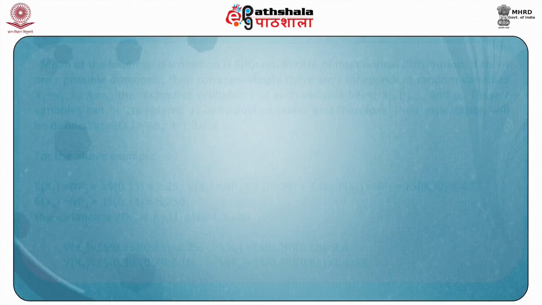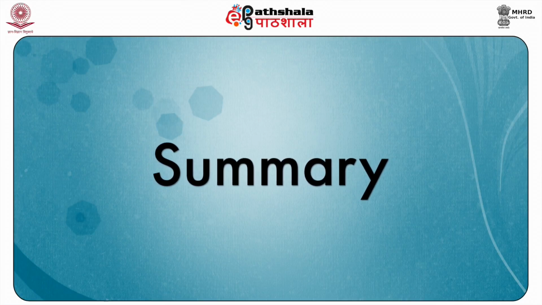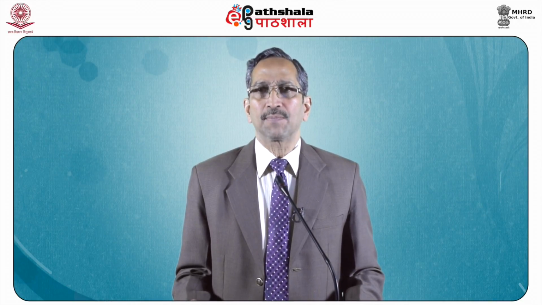3.4125. So let us, students, after this long session, try to summarize what we have learned today in this module. We have learned about two widely applied discrete random variable distributions, namely the binomial distribution and the multinomial distribution.